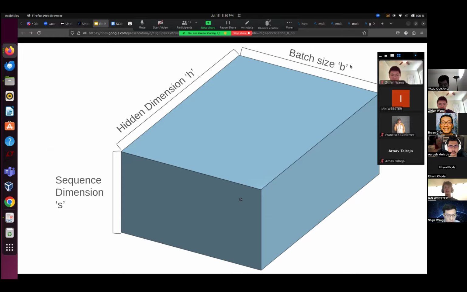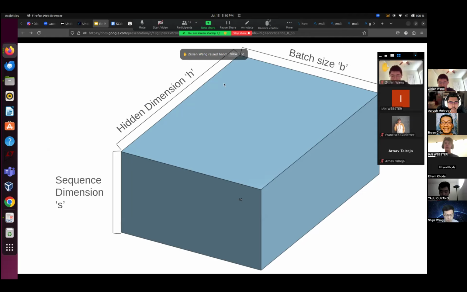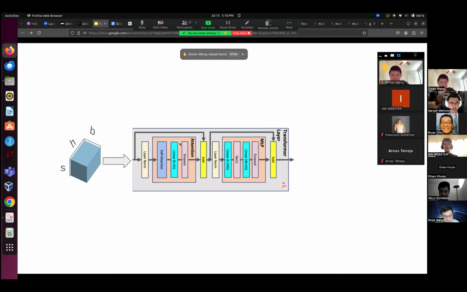So let's take a look at what it takes to store the memory for the activations. The goal for this section is that we're going to derive an equation that will tell us how much memory in bytes we need to store for activations for a given size of input, with the sizes being hidden dimension length H, batch size length B, and sequence length S. So you've got your input batch, it goes through your layer.